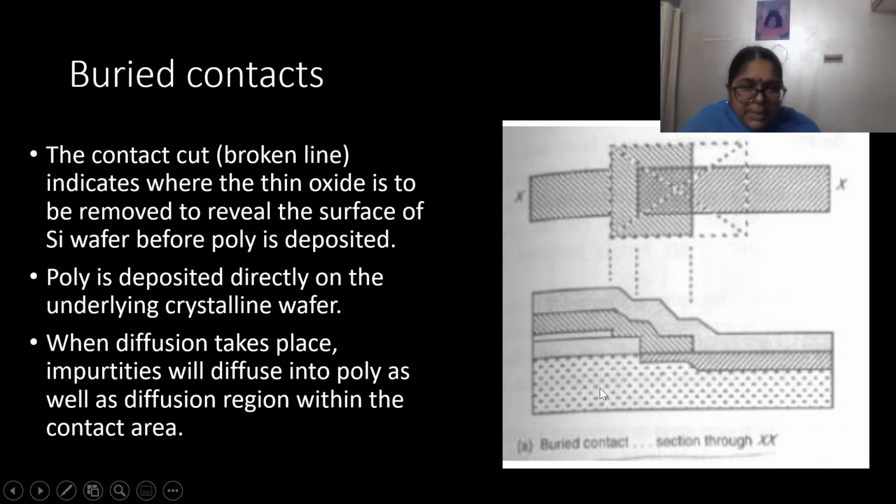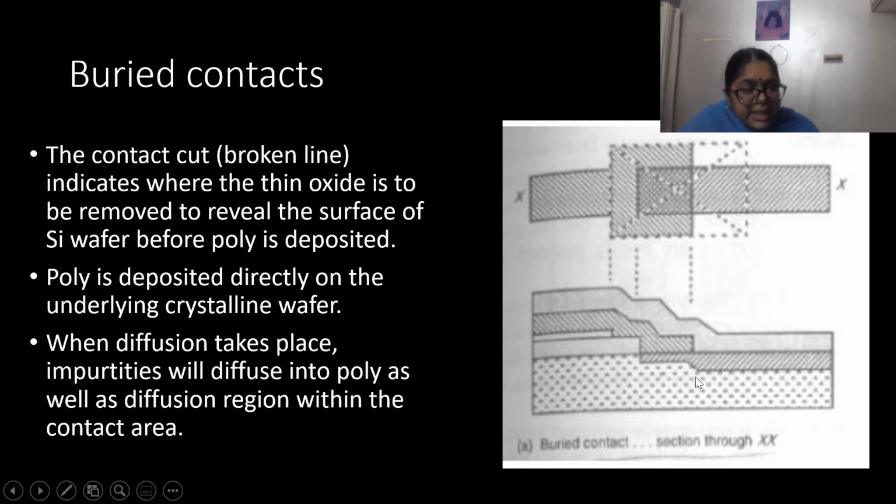Okay, I'll repeat this once again. So here basically you have the area or the region which is marked for n diffusion. You make a contact cut in the silicon dioxide, and then you deposit the polysilicon, so that polysilicon comes directly in contact with the region where n diffusion actually has to be done.